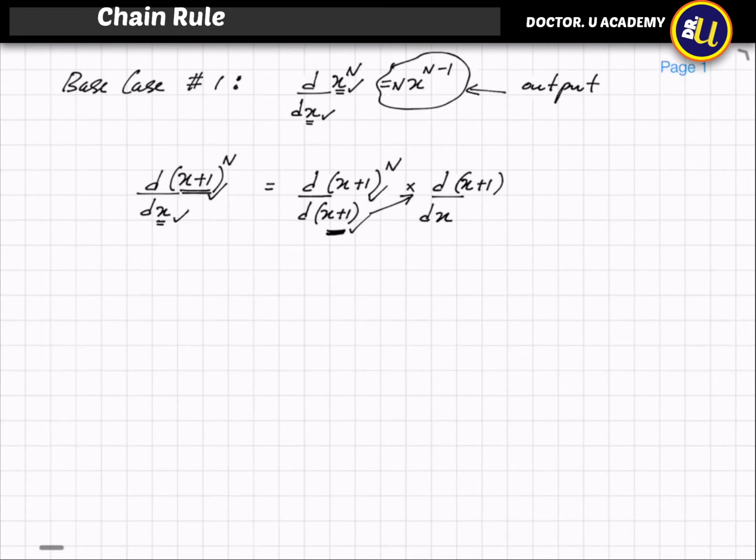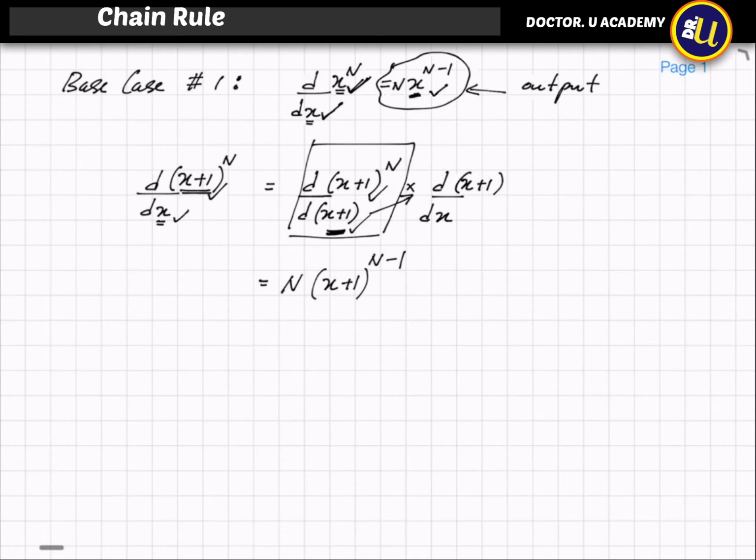If you have that construction, we can now easily simplify. If you get this block, that block can be simplified very easily. So that would be n (x+1), the whole thing raised to the power n minus 1. Why? Because if you look at the base case, if you have x in the numerator, in the denominator also you should have x, then you have the output as x.